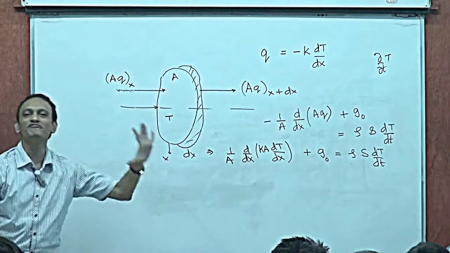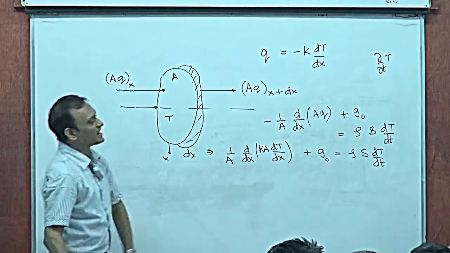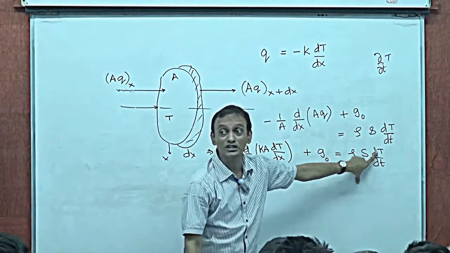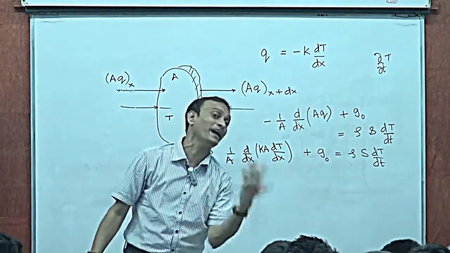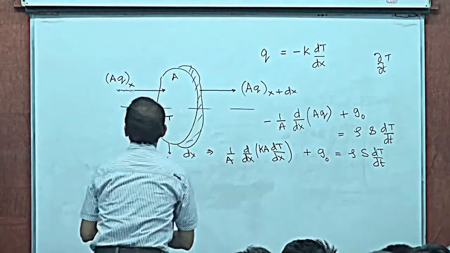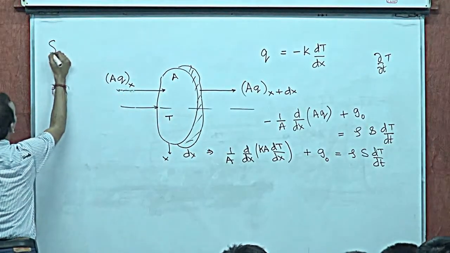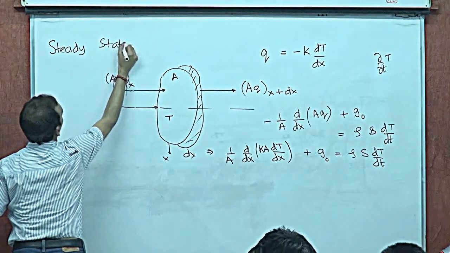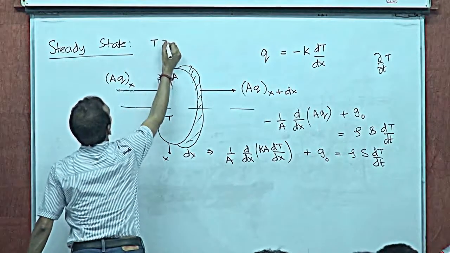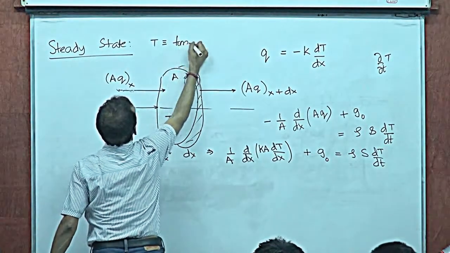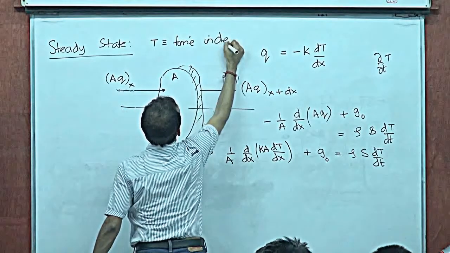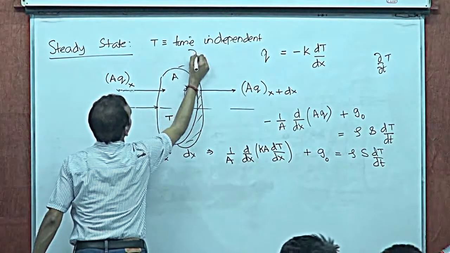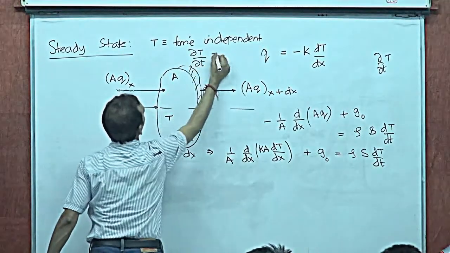Now, to simplify matters, under steady state, what would happen? This will become 0 because temperature would become time independent. So, partial derivative of T with respect to small t would be 0 under steady state conditions, right? So, when the conditions are steady, T becomes time independent, and then the rate of change of T with small t will become 0.